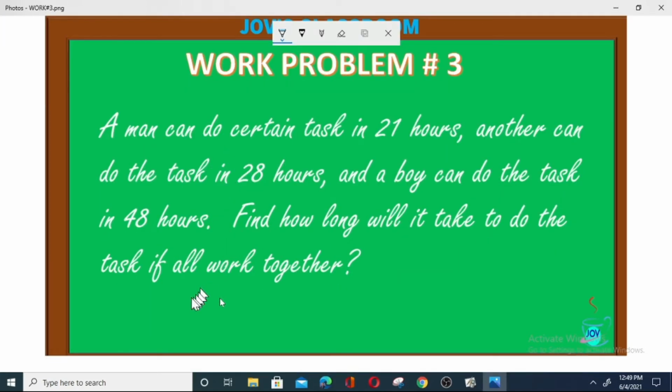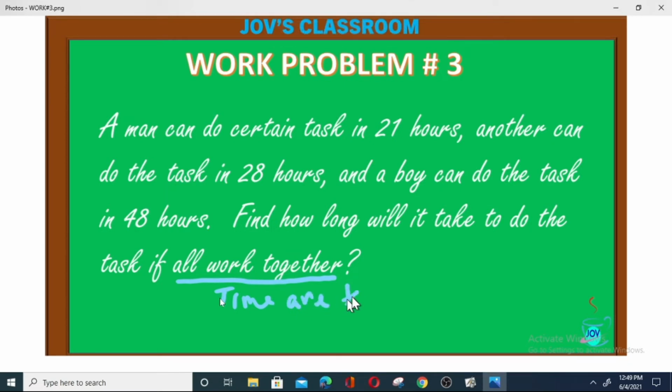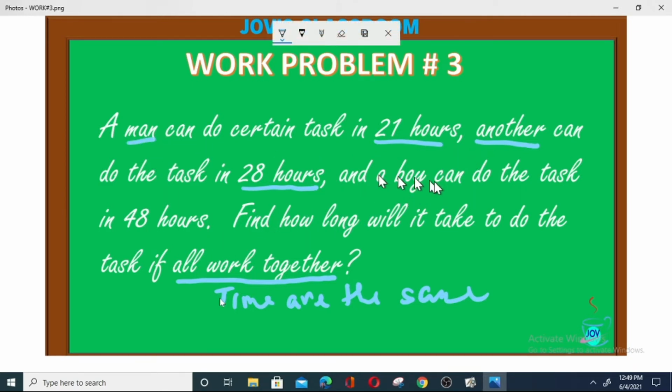So this is the clue here. They work together. That means their times are the same. The other clue is he worked 28 hours, a man 21 hours and a boy 48 hours.